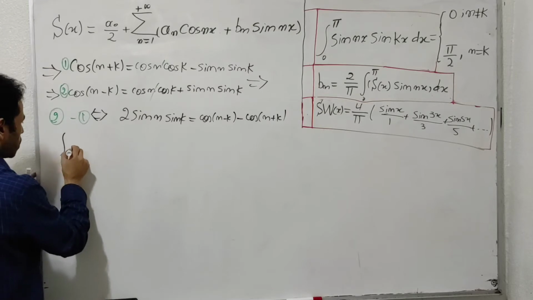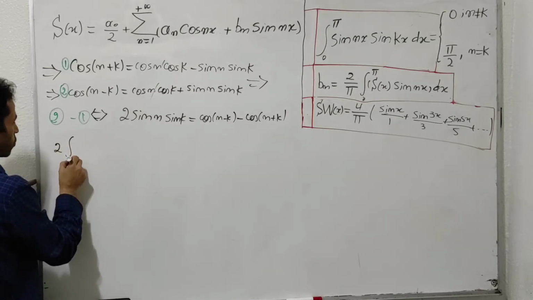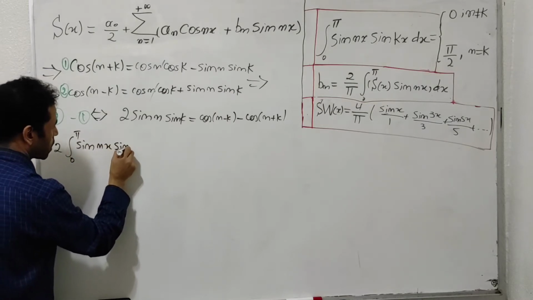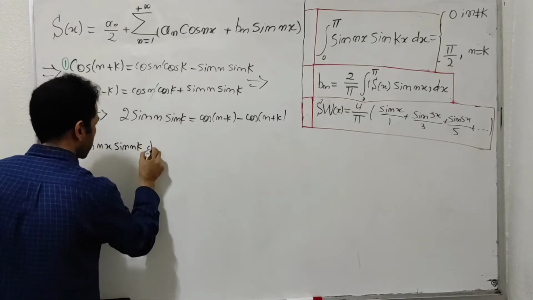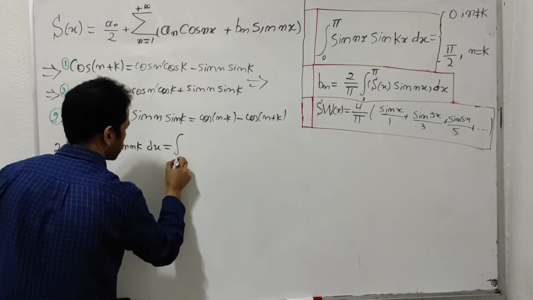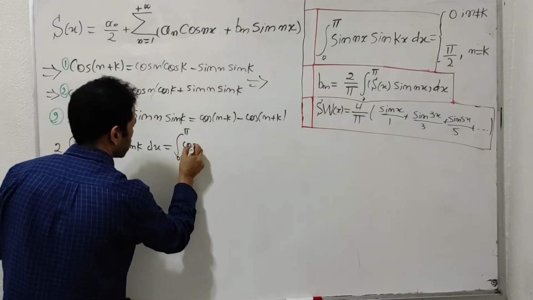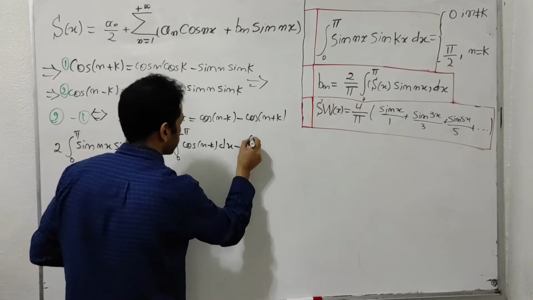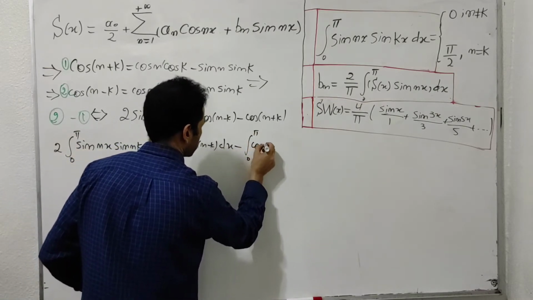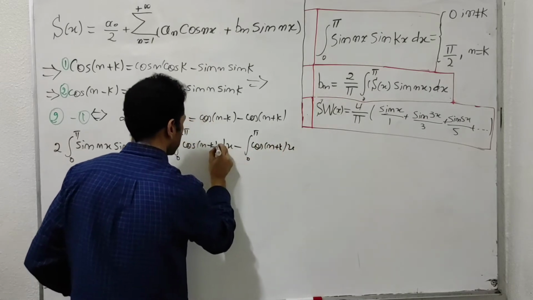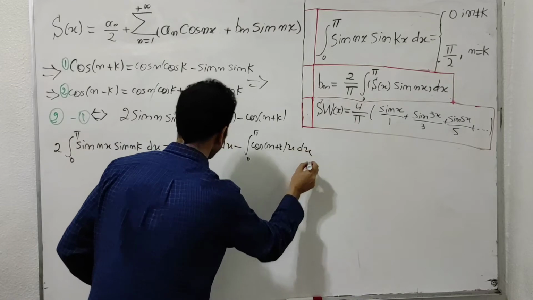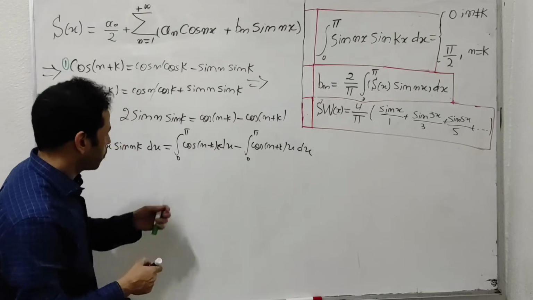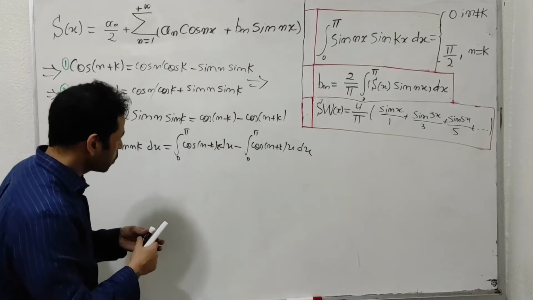By integrating this, I will have 2 times the integral as x goes from 0 to pi of sine nx multiplied by sine kx dx equal to the integral from 0 to pi of cosine (n minus k)x dx minus the integral from 0 to pi of cosine (n plus k)x dx.